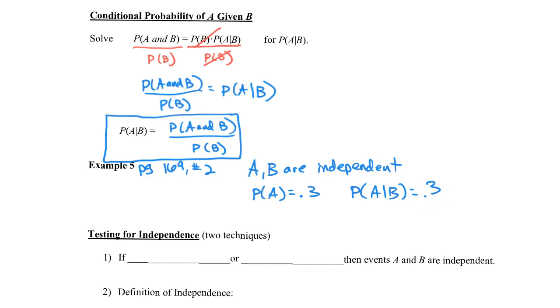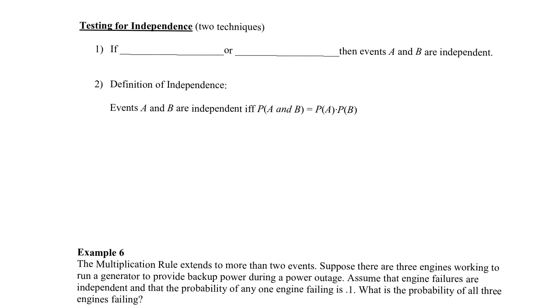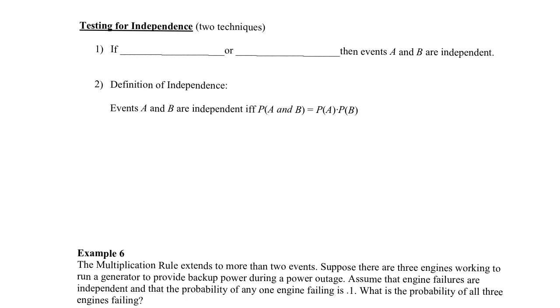So this independence question is an important one for us, so we need to have some ways to tell when events are independent. A couple of ways to do this. First, if the probability of A given B is just the probability of A, or the probability of B given A is just the probability of B, then events A and B are independent.